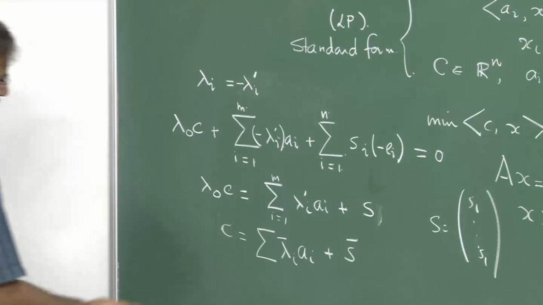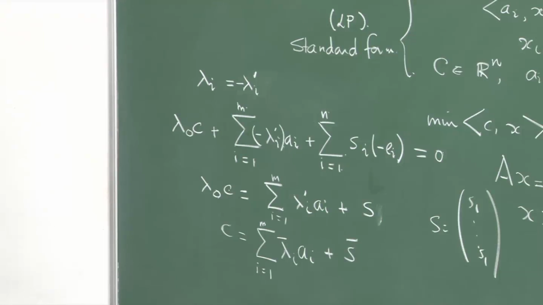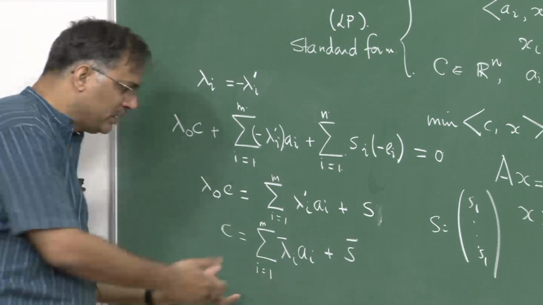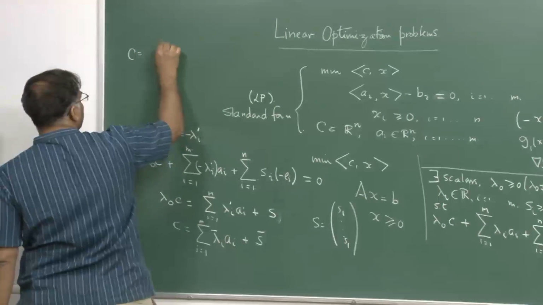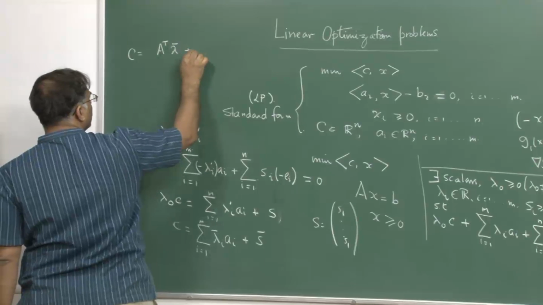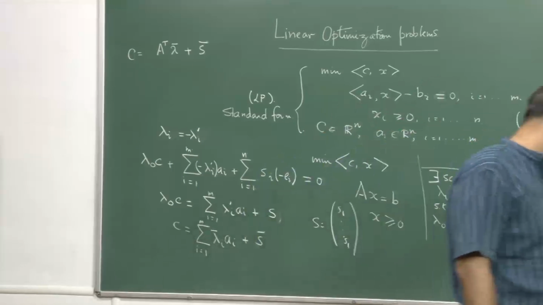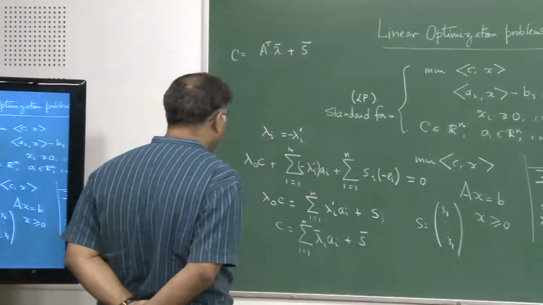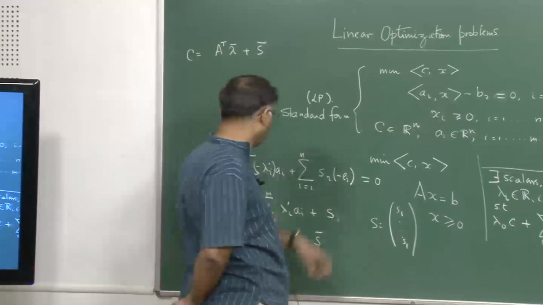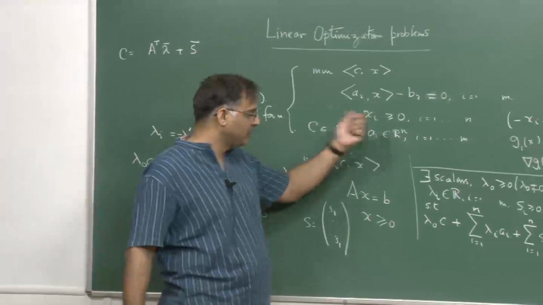Now, what is important to note is that this can be written in matrix form, because this is nothing but matrix multiplication, and you should be able to note that C can be written as A transpose lambda bar plus S bar. You observe very carefully that this C is nothing but the gradient of the objective function, and these are associated with the gradients of the constraints.